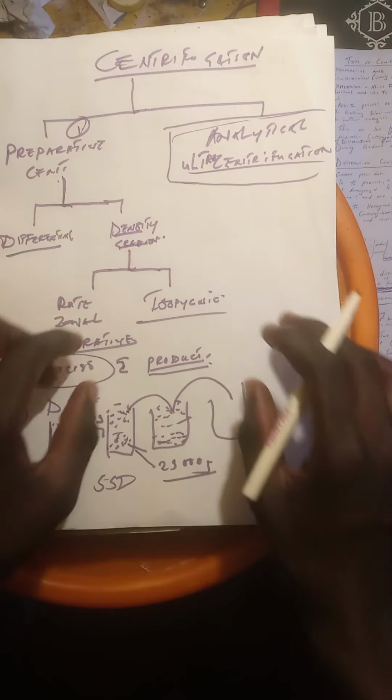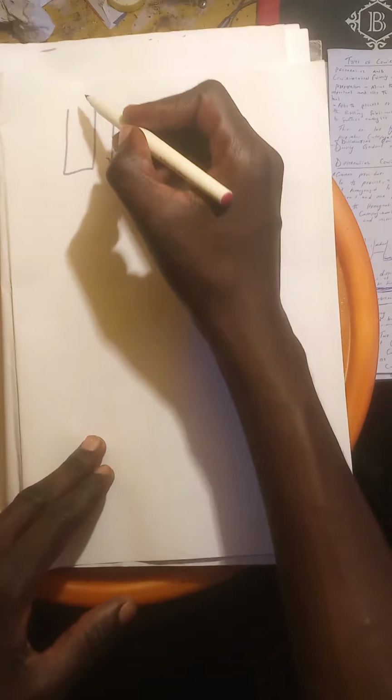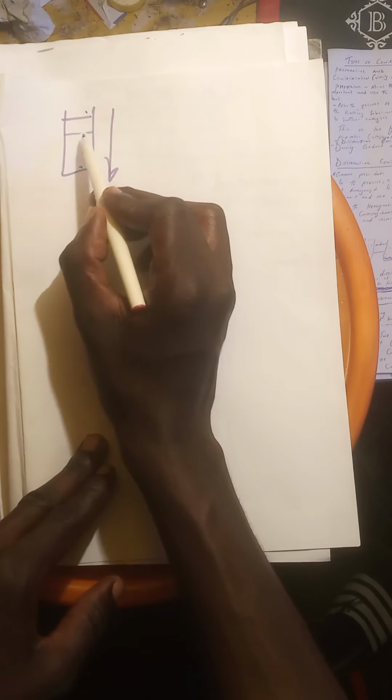Then with density gradient, it's a bit different. With density gradient, you have a prepared density medium. You have maybe the increasing density from the top to the bottom. So you have maybe lesser density, and it's increasing as you go to the bottom.